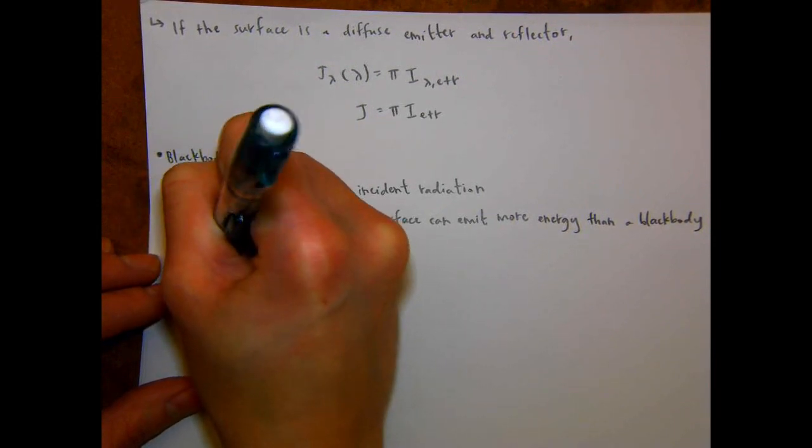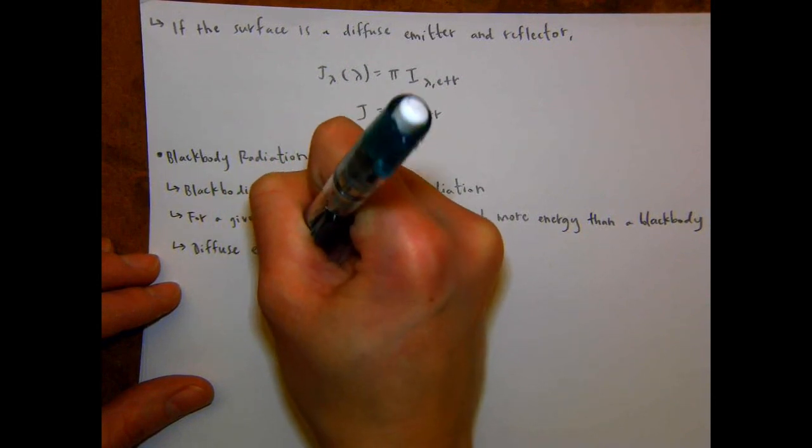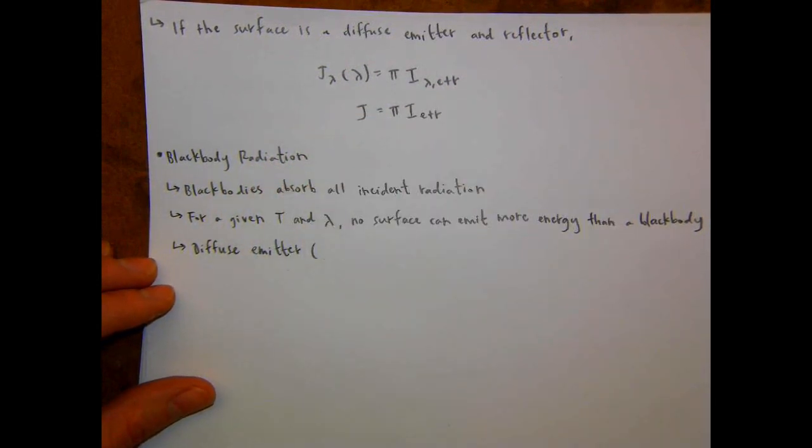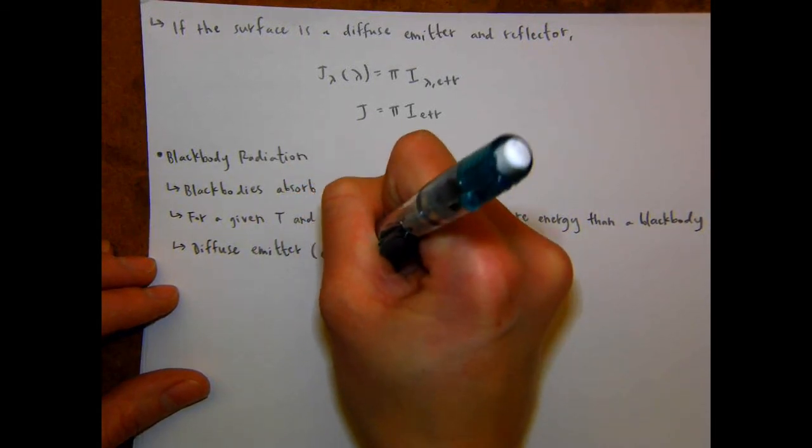And then finally, black bodies are diffuse emitters. So the radiation that they emit is independent of direction.